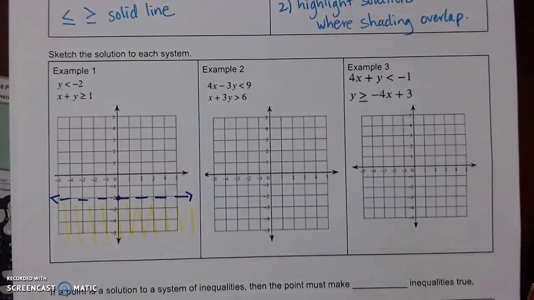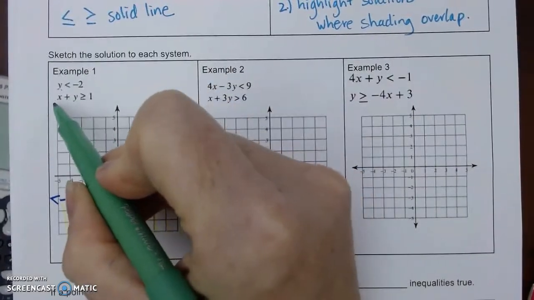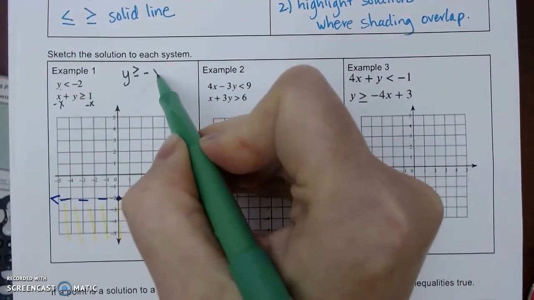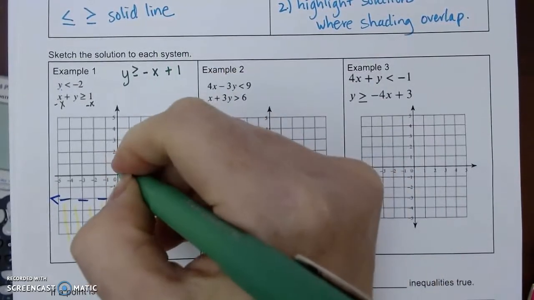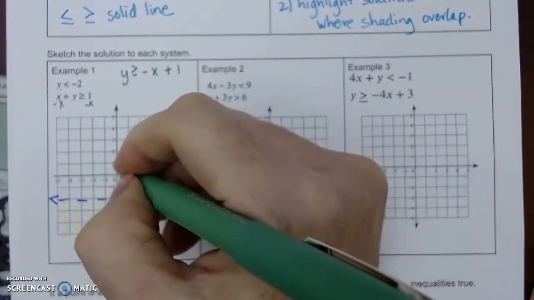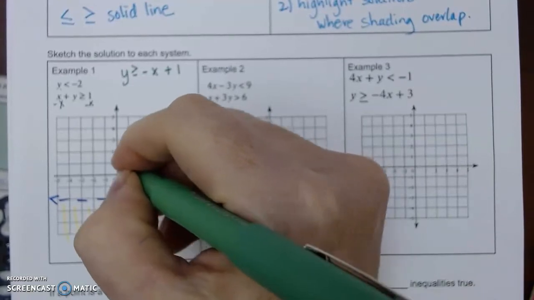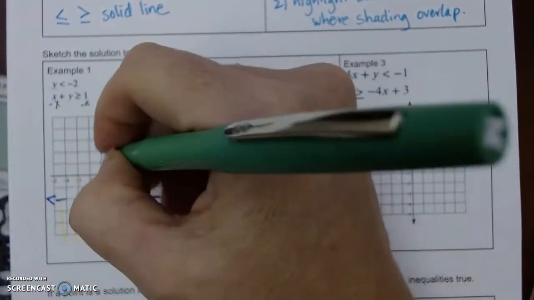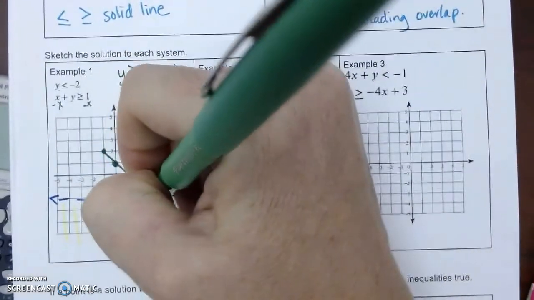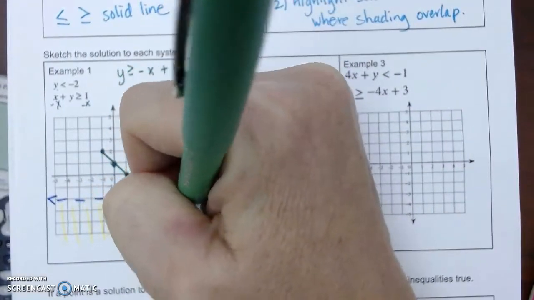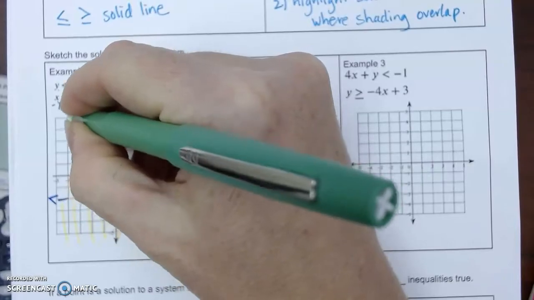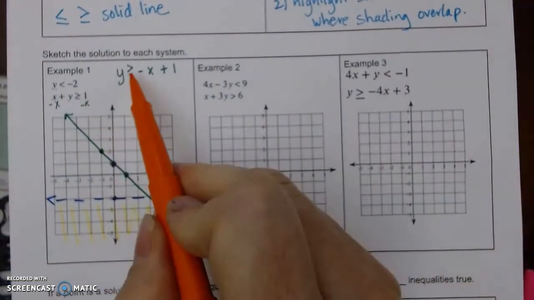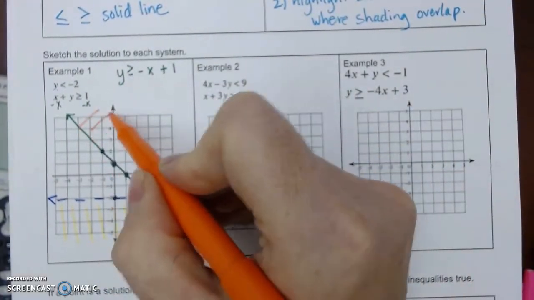Then this equation, I need to solve for y. So we'll subtract x. We get y is greater than -x plus 1. So I'm going to go up 1, and then our slope is -1. We'll do a couple of points in each direction. We have the bar, so this is going to be a dotted line. We want this to be greater, so that's going to be above.